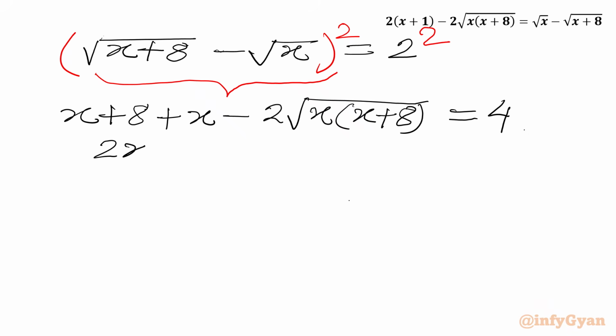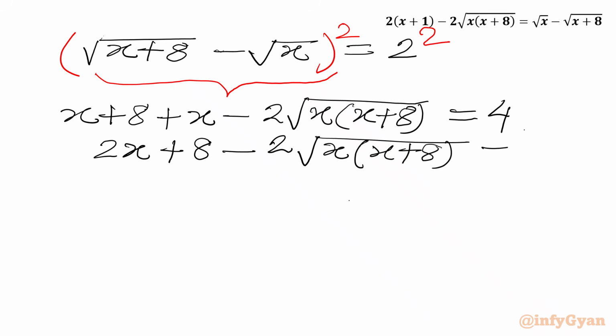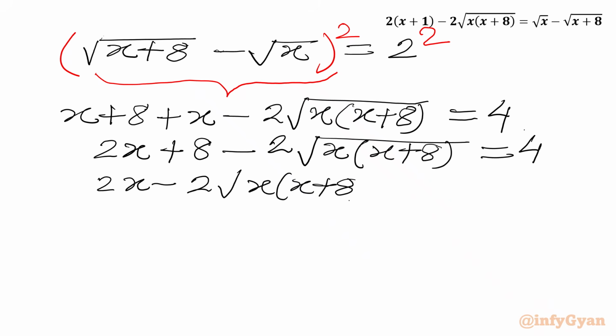We'll write here 2x plus 8 minus 2 times square root x times x plus 8 equal to 4. Now we will take 8 to the RHS. So we can write 2x minus 2 square root x times x plus 8 will be equal to 4 minus 8 equal to minus 4.